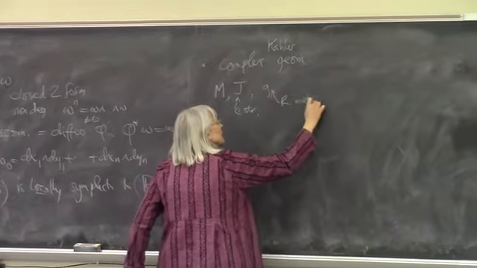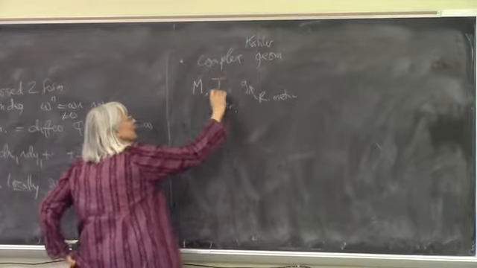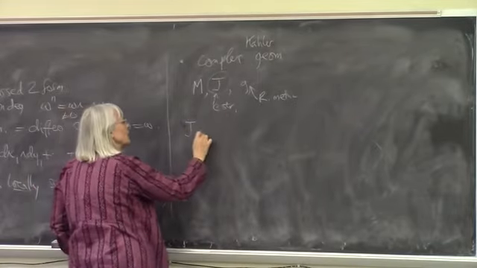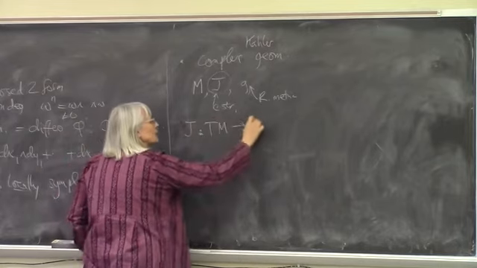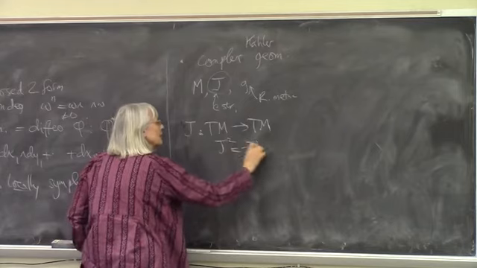I'm writing a complex structure in this perhaps non-standard way, but I think of J as an automorphism of the tangent bundle, which is equivalent to multiplying by i, so J squared is minus the identity.